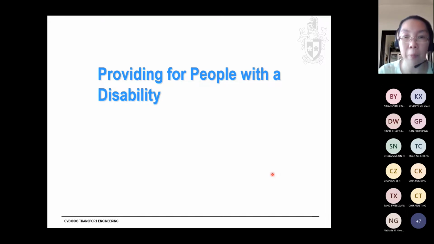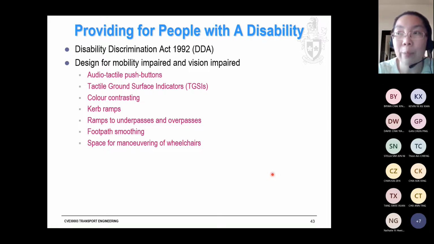Okay, providing for people with a disability. This part of the topic discusses providing for people with disability, because in 1992 the Disability Discrimination Act was approved in Australia.